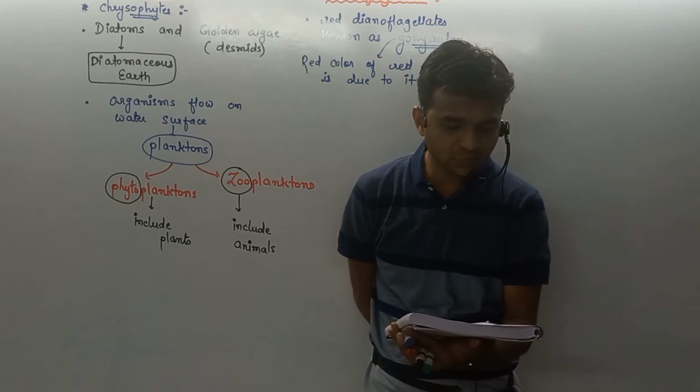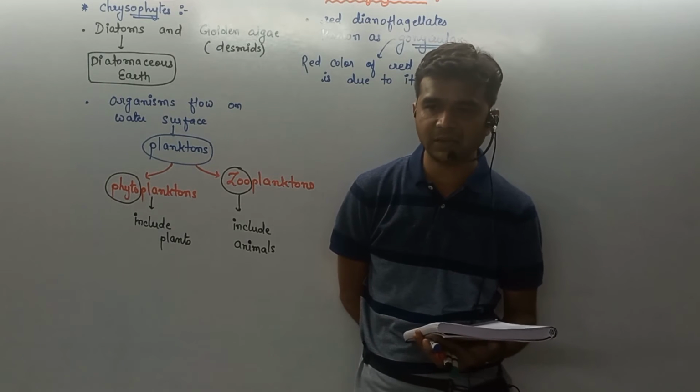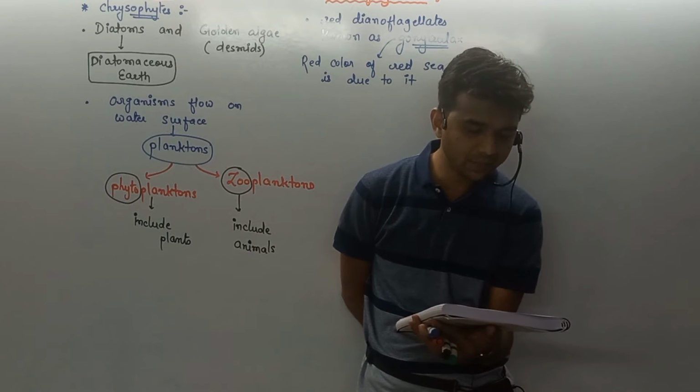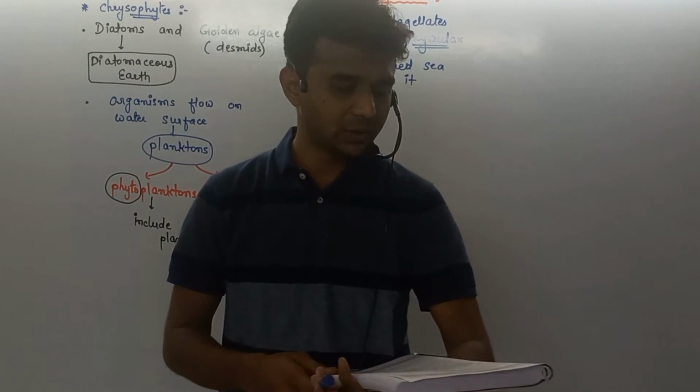These organisms are mostly marine and photosynthetic. So marine means you know that living in the marine water. They appear yellow, green, brown, blue or red in color.